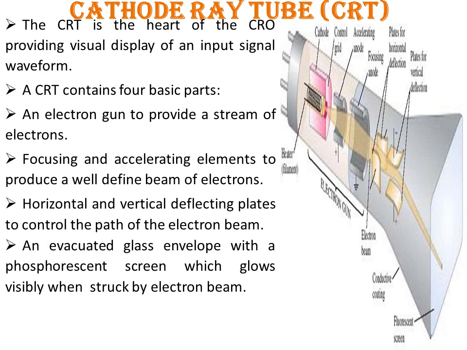The CRT consists of four basic parts: an electron gun which provides the stream of electrons, and then focusing and accelerating elements to produce a well-defined beam of electrons, and horizontal and vertical deflecting plates to control the path of the electron beam, and an evacuated glass envelope with a phosphorescent screen which glows visibly when it is struck by an electron beam. And this phosphorescent screen displays the input signal waveform.